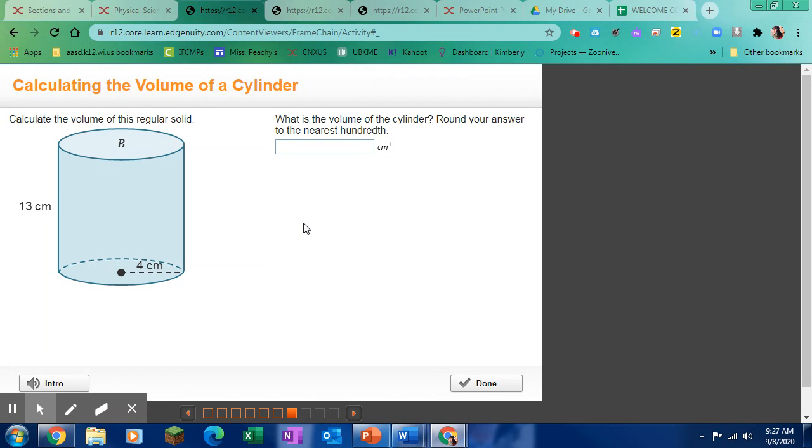Let's do 4 squared first, which is 16, times pi times 13, which gives us 653.5. No, she wants 100. 653.45. Tricky. They said 100 this time.